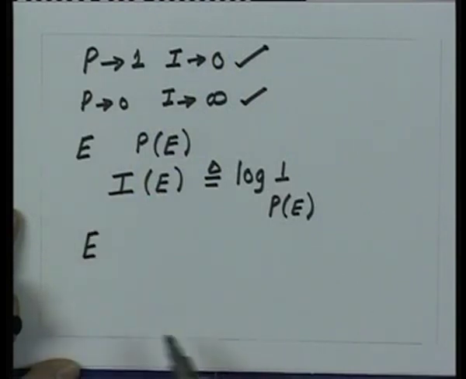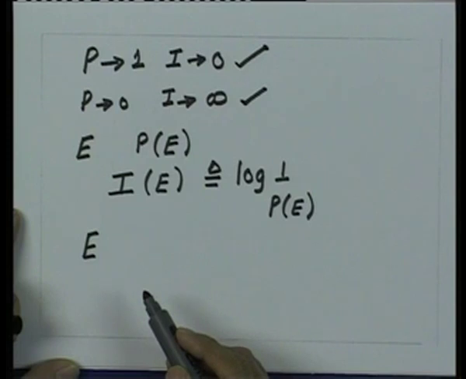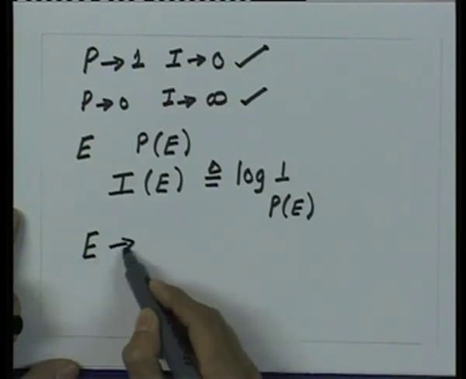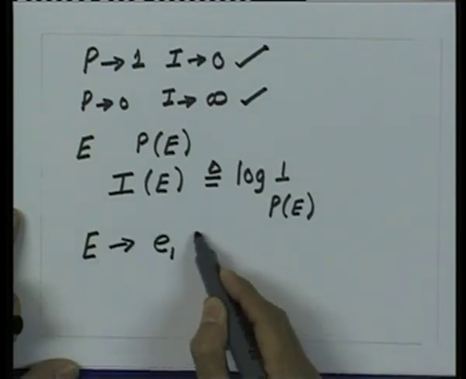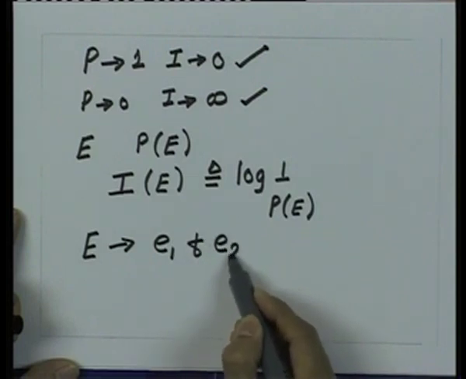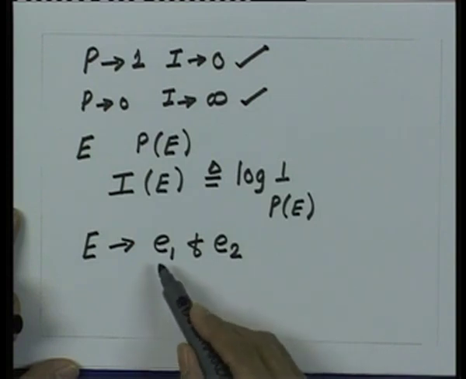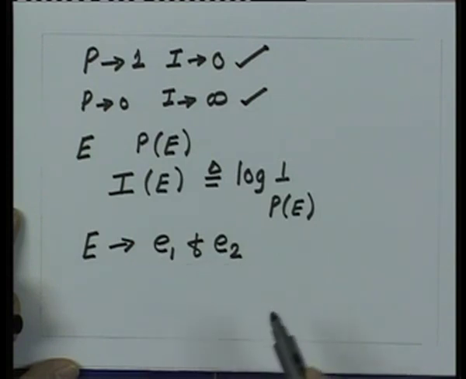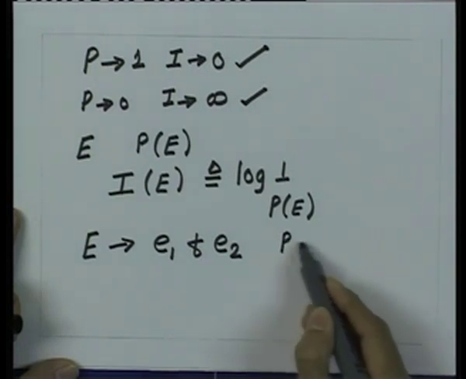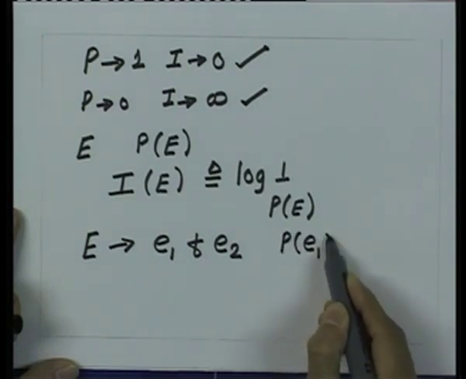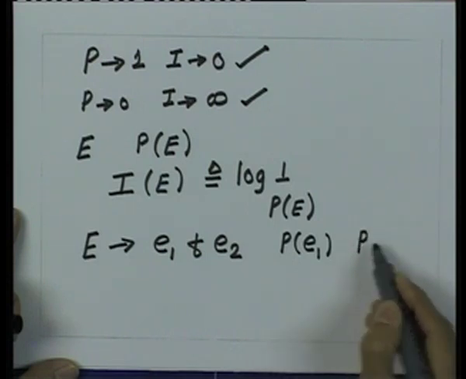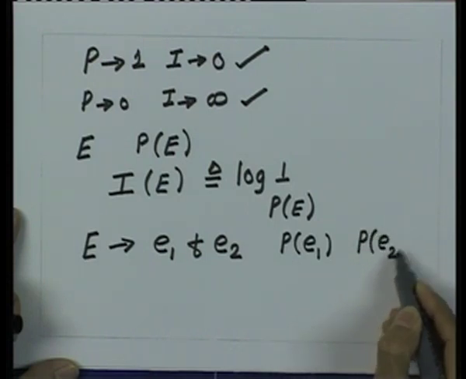Suppose I have an event E, this event E consists of 2 sub-events, let me say E1 and E2. Let me assume that both events E1 and E2 are independent. So, the probability of occurrence of E1 is independent from the probability of occurrence of E2.